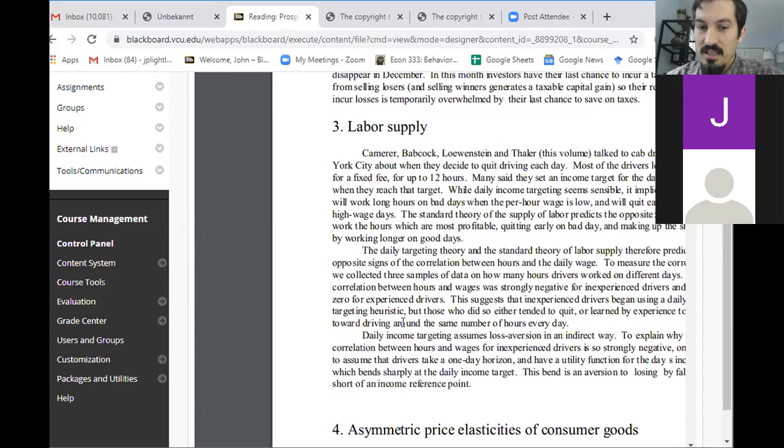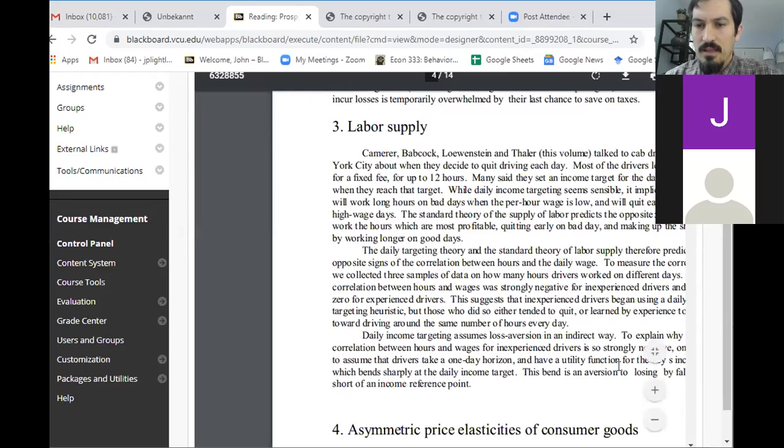This research was done in the late 90s, about labor supply, that says, using prospect theory, we can explain why these cab drivers don't take advantage of this fact that they could earn a lot of money on the days where demand is really high.